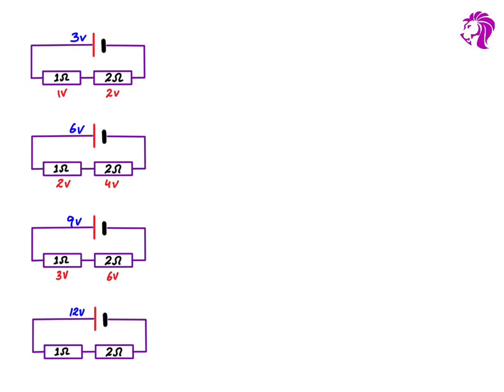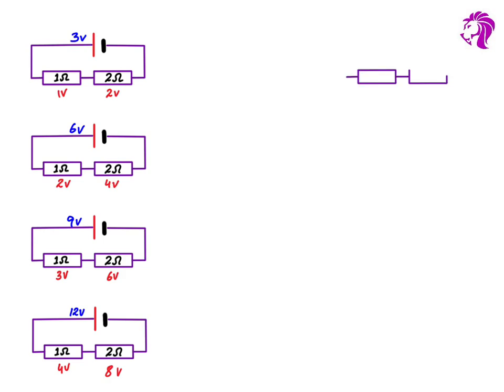You need to divide it in a 1:2 ratio, right? Okay, let's try 1 and 11. No. 2 and 10 possible? No. 3 and 9 possible? No. 4 and 8 possible? Yes, it is possible. So 4 is to 8. The 1 ohm would get 4 volts and the 2 ohms would get 8 volts, right?